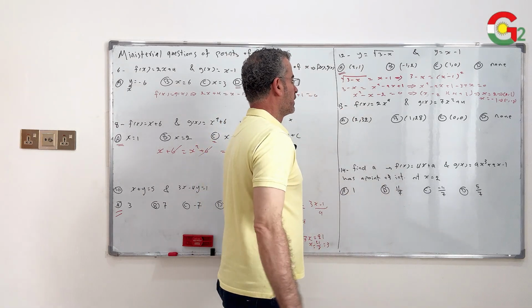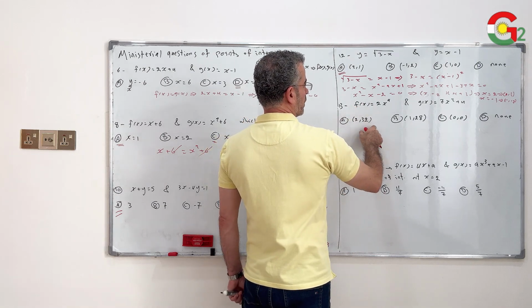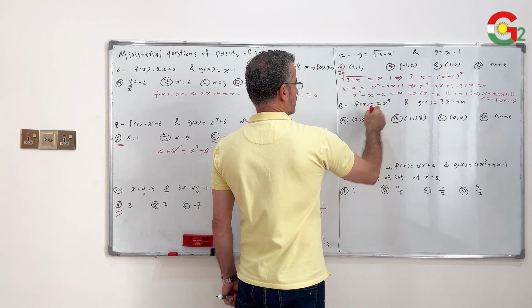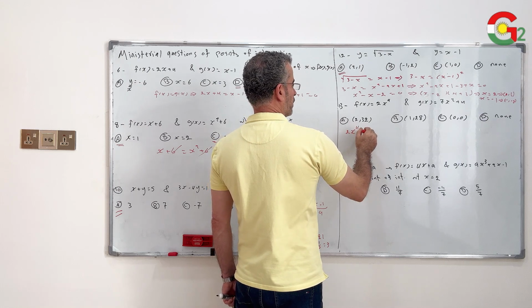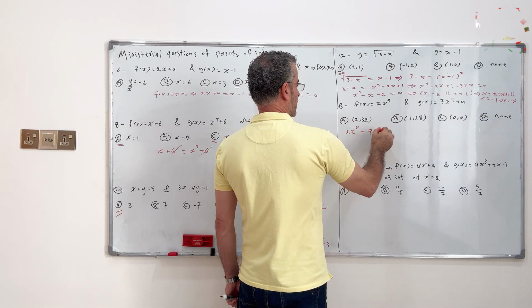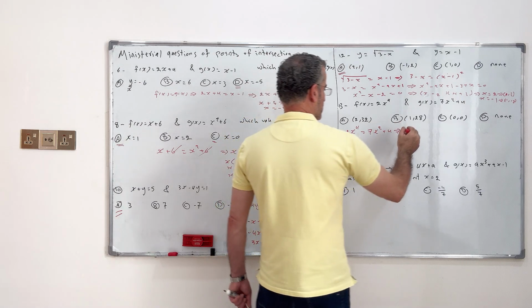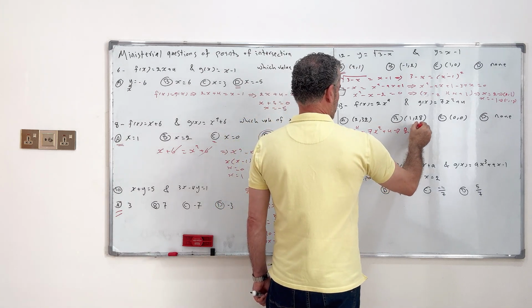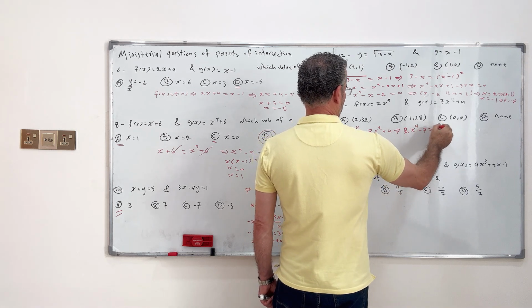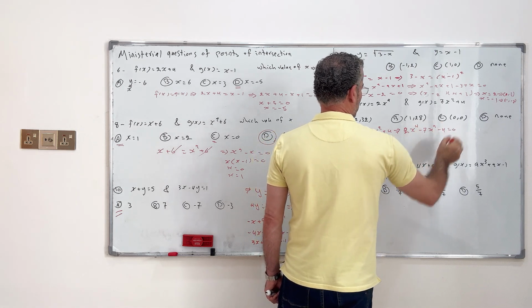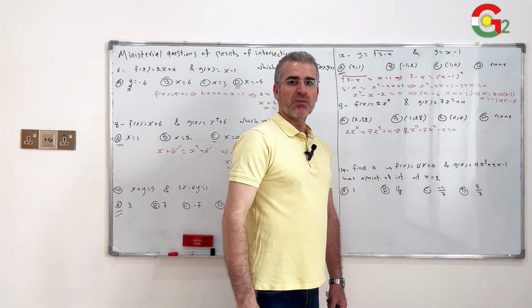Question number 13. Find the point of intersection of these two graphs. Set 2x power 4 equal to 7x power 2 plus 4. Take all terms to one side: 2x to the 4 minus 7x power 2 minus 4 equal to 0. Here I have a polynomial of degree 4.